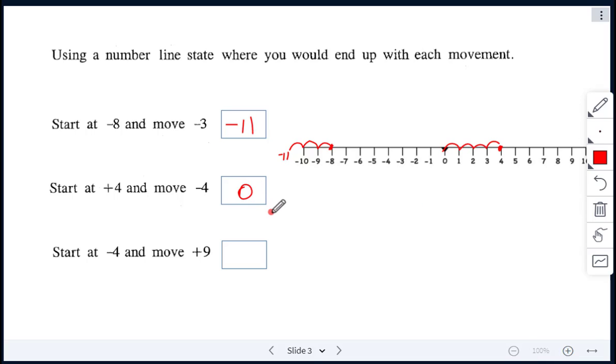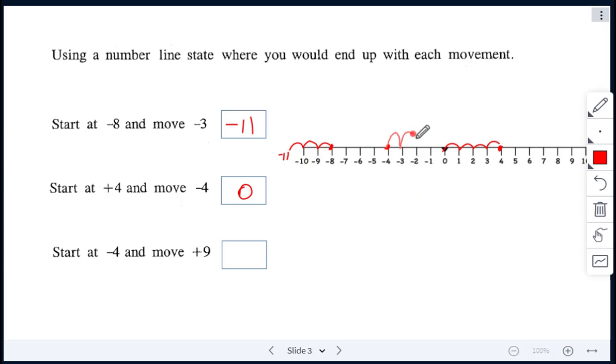All right, last one there. If you start at negative 4 and you move plus 9. All right, so the last one here, we're starting at negative 4, which is here. And we're going to move plus 9.